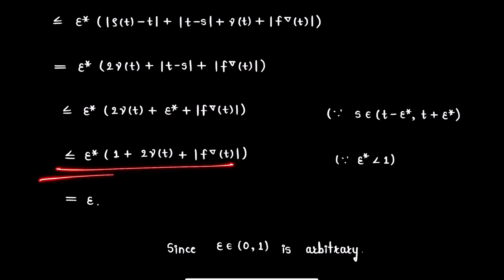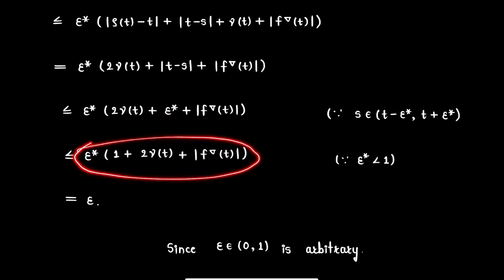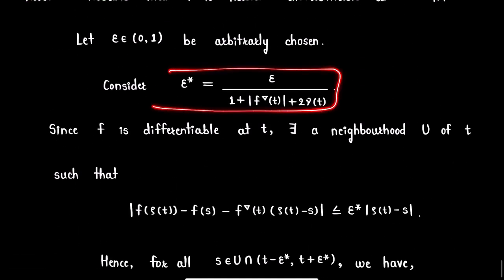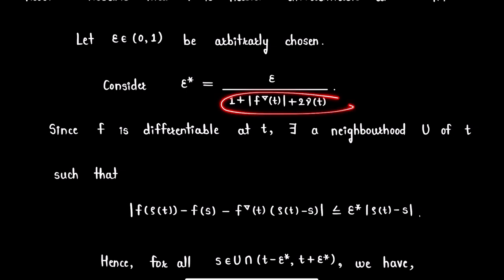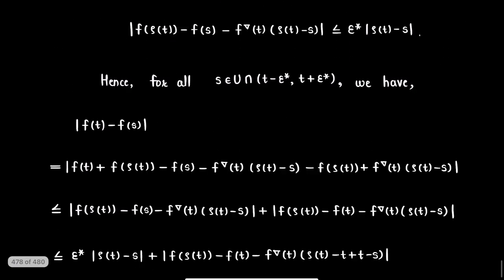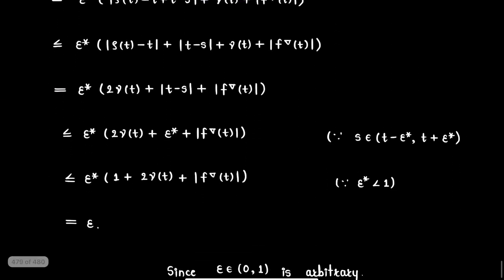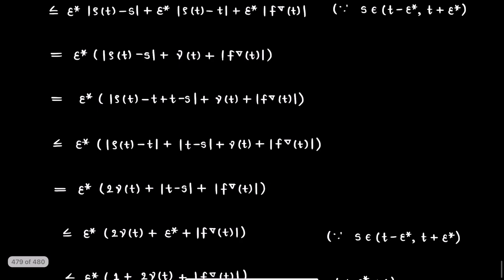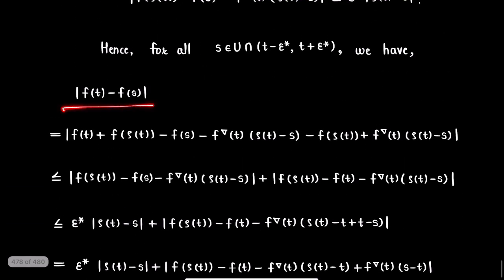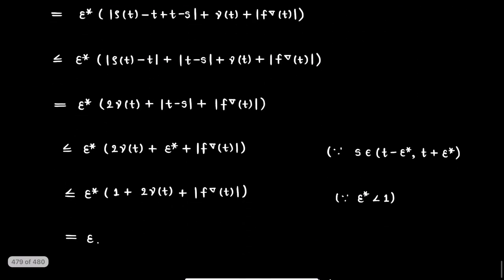So we get this whole term. Now this is equal to epsilon, which is clear from here. If we multiply this denominator with epsilon star, we get epsilon equals epsilon star multiplied by this denominator term.